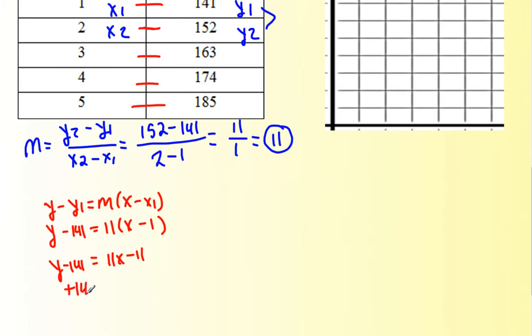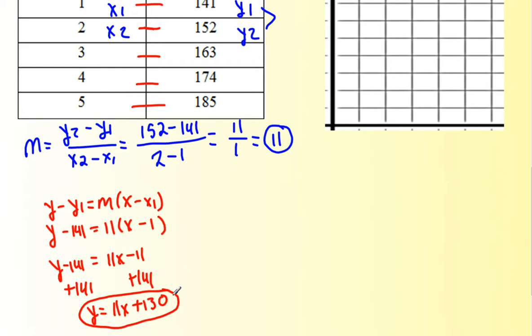We're going to add 141 to both sides. Y equals 11x, and 141 minus 11 is going to give us 130. This is now the equation of a line. That is a linear function.